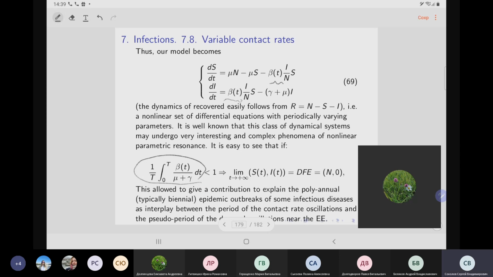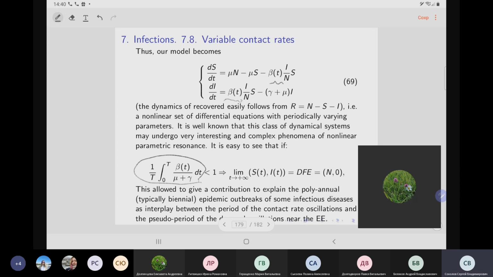So the same analysis that we made for a constant beta, we can see that this formula is very similar to our system with a constant beta, but now we substitute beta with the average integral of beta along the period.